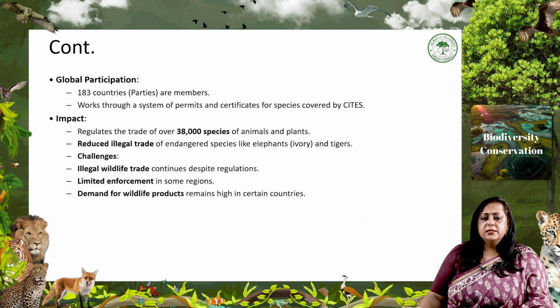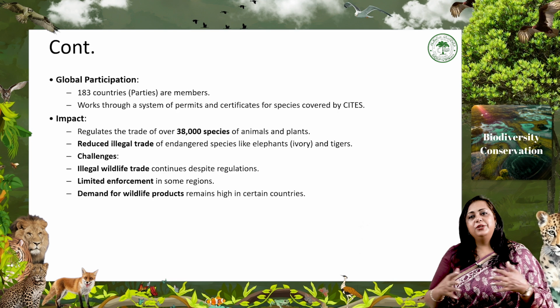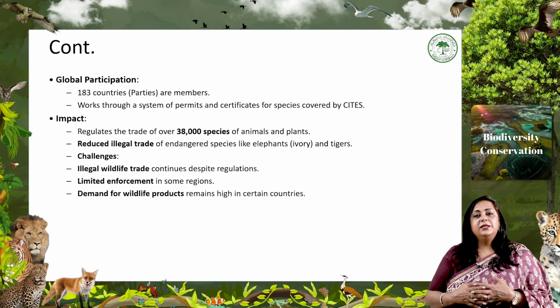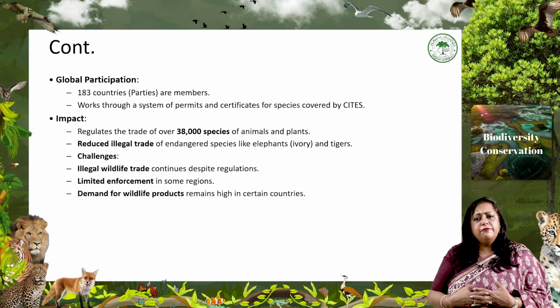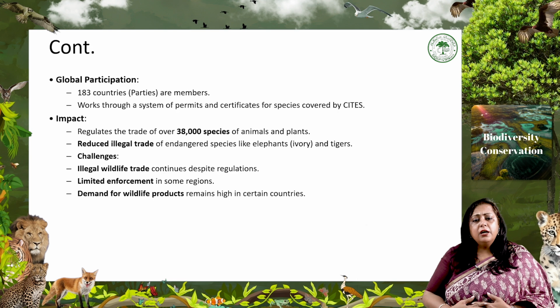There are challenges. Illegal wildlife trade continues despite regulation. Whatever regulation you make, illegal activities are still going on, and these are the challenges. Limited enforcement: we do not have enough infrastructure, enough people to actually enforce CITES.